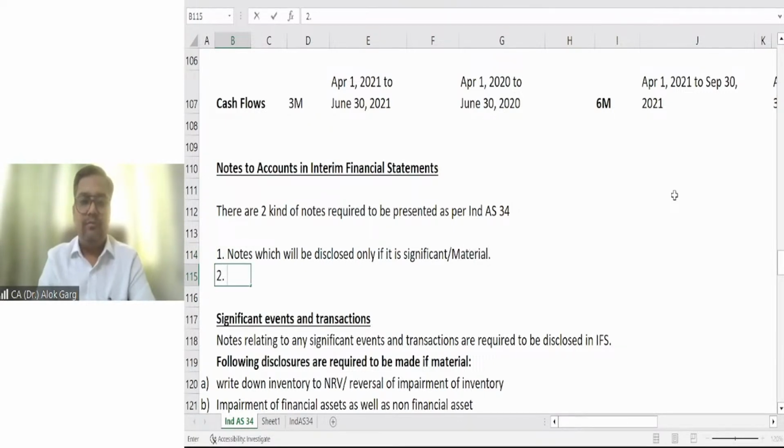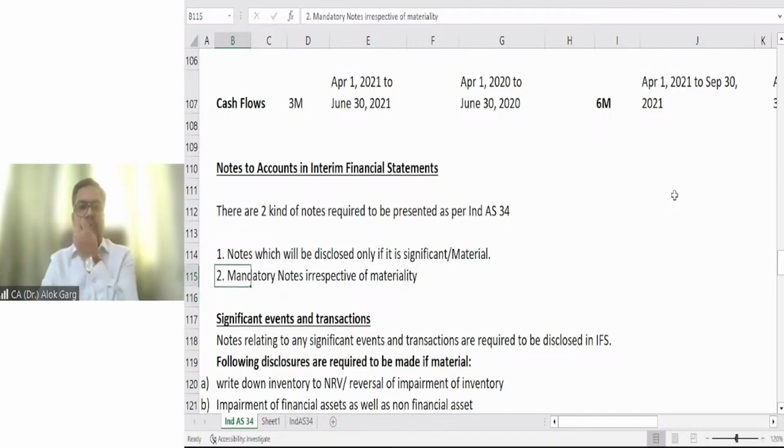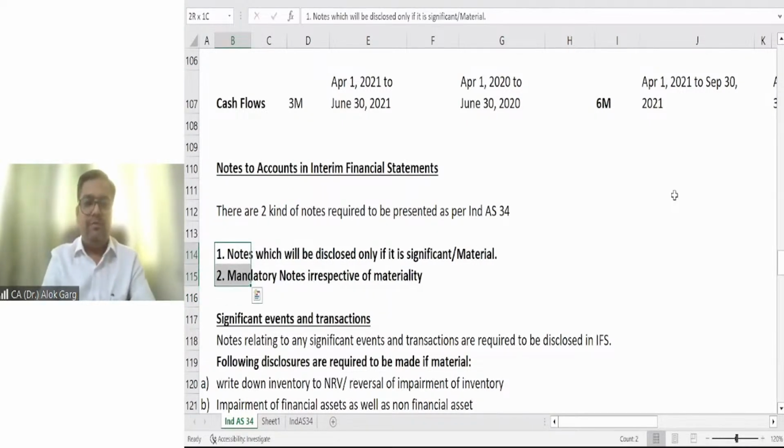Number two, mandatory notes, right? Irrespective of materiality. Just to give you a view.